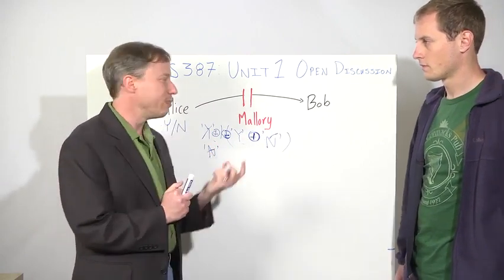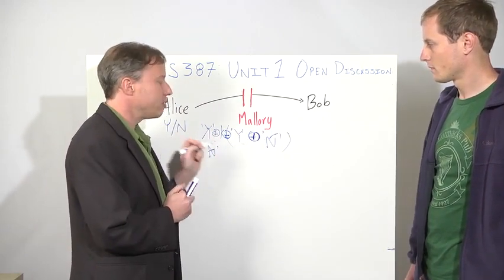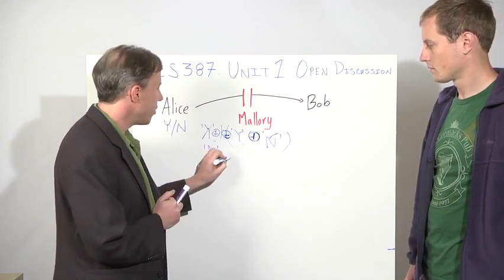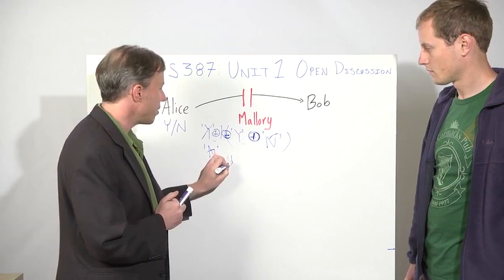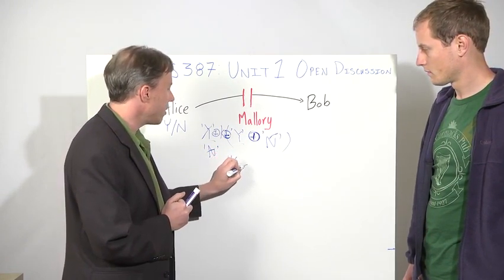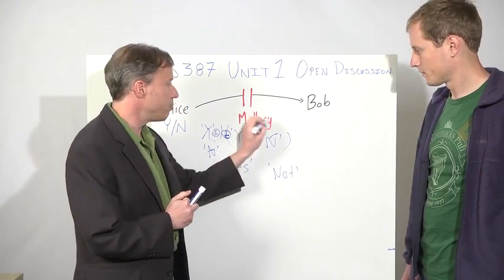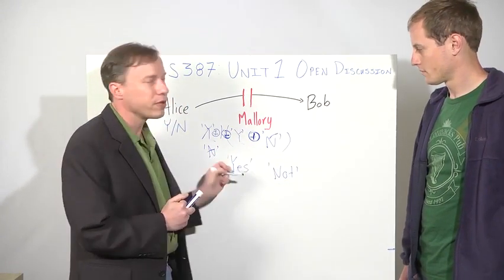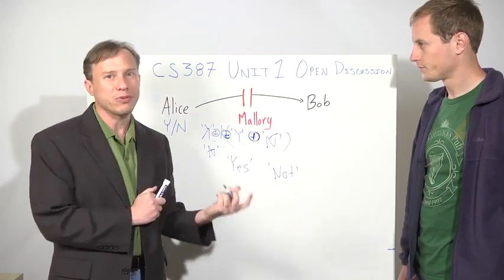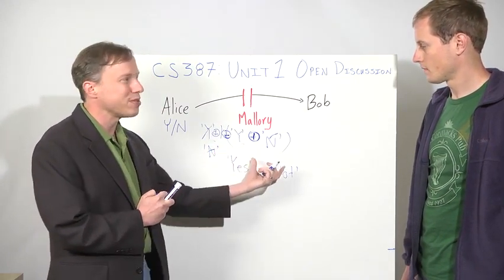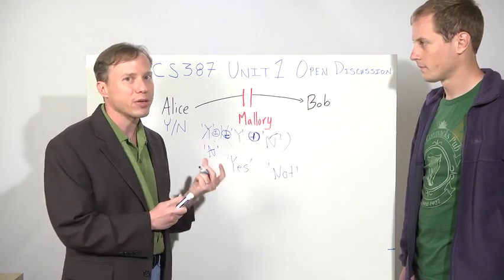So whatever the message was, it can be XORed with a difference. There's nothing special about y or n. It would work, let's say, if you replaced it with yes and not. The difference is just Mallory would XOR it with the XOR of yes and not. So all the solutions that were ideas about changing the content don't really solve anything. Mallory knows the two options, can XOR them, and can flip the content.